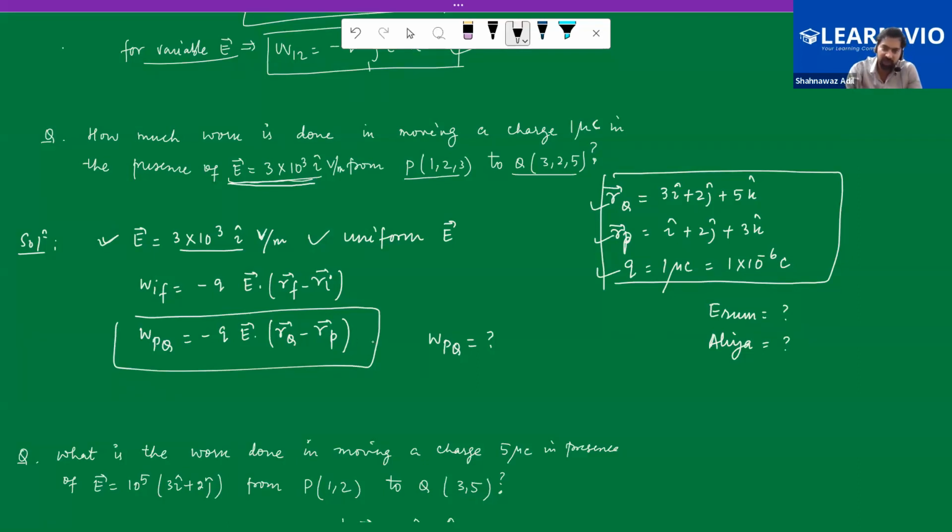Put all the values in this formula and find out what is work done in moving a charge from P to Q. Yes, whenever you get any answer, please tell me.